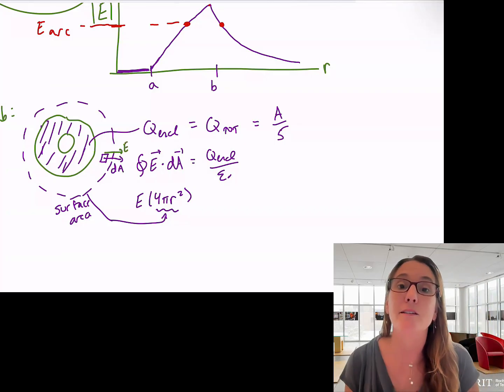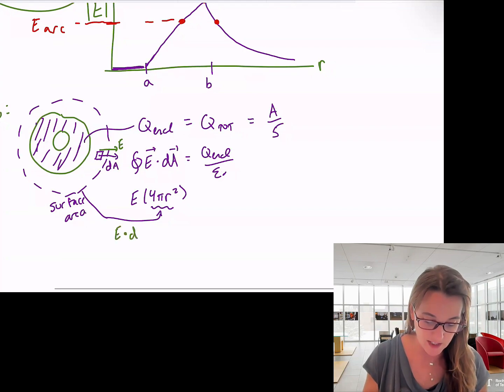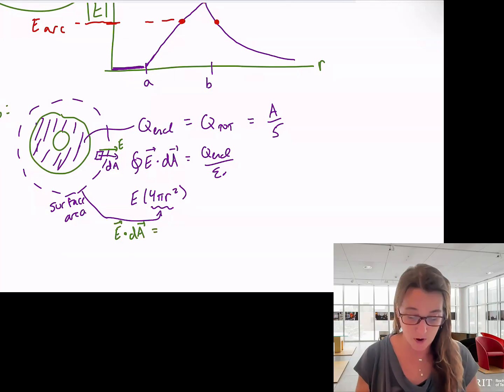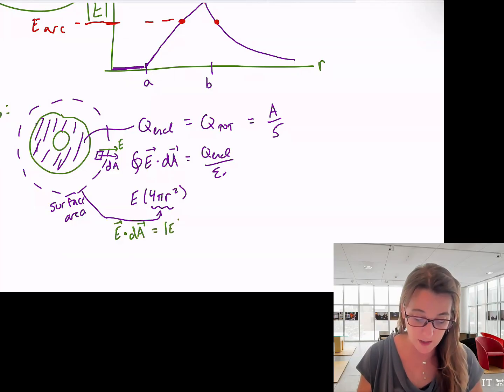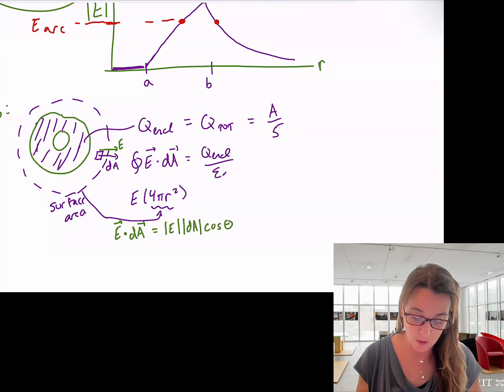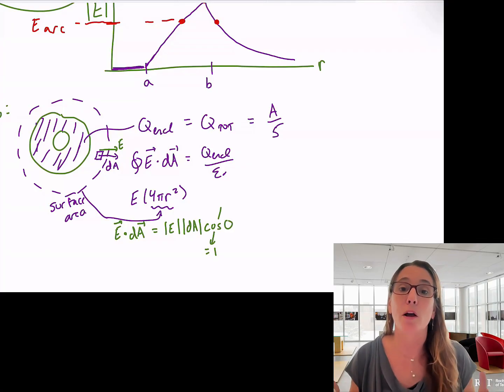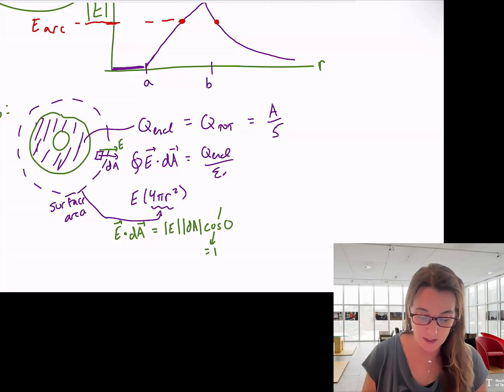So E dot dA is the magnitude of E, times the magnitude of dA, times the cosine of the angle between them, which is just cosine of 0, equal to 1. And so the dot product goes away, and I get E times dA.